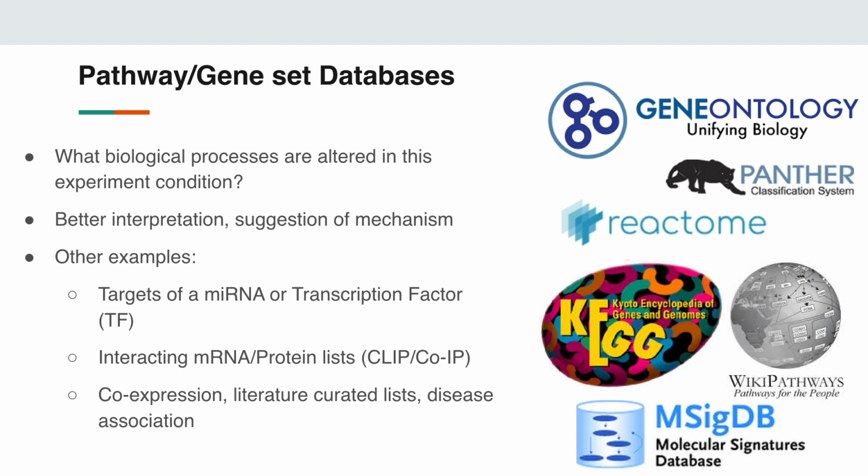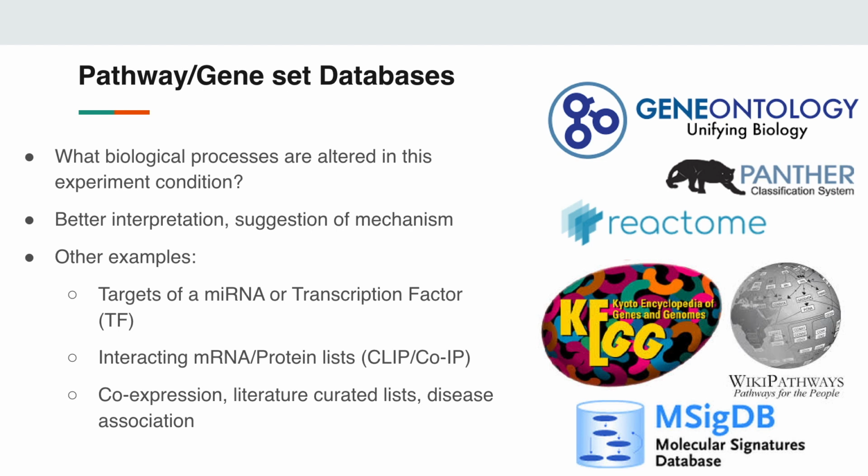Reactome, KEGG, and WikiPathways are all databases of known biological pathways which are well described. And there's also this molecular signatures database from the Broad Institute, which can be extremely helpful if you're dealing with human diseases.